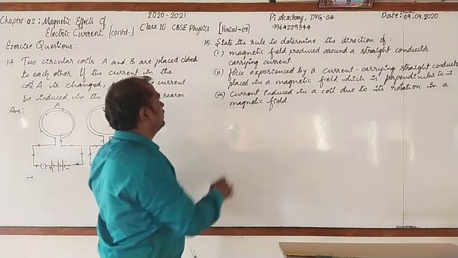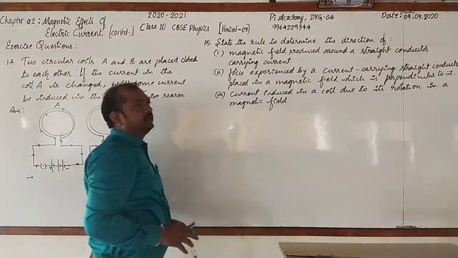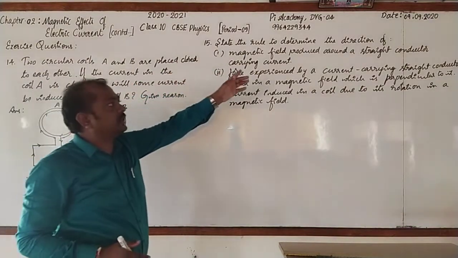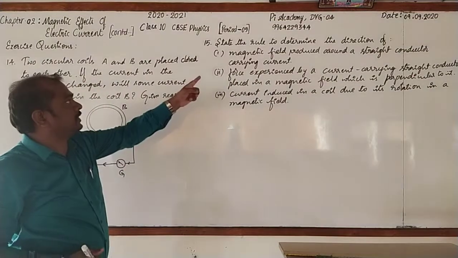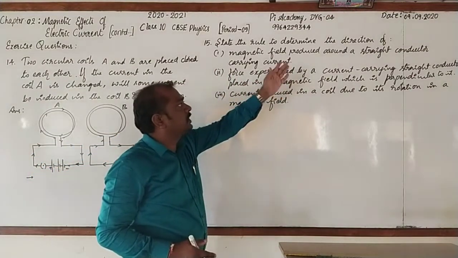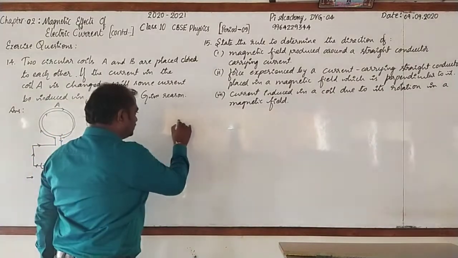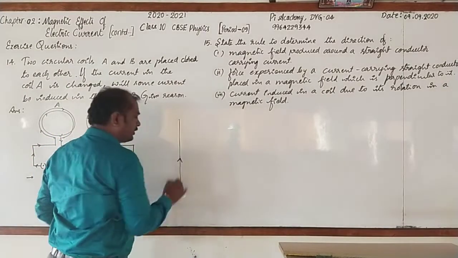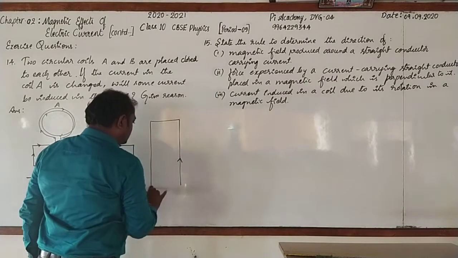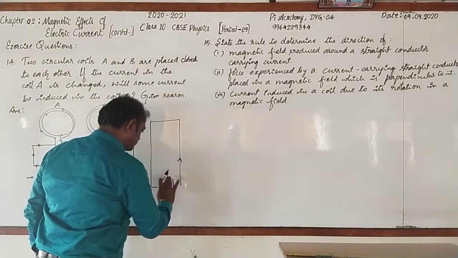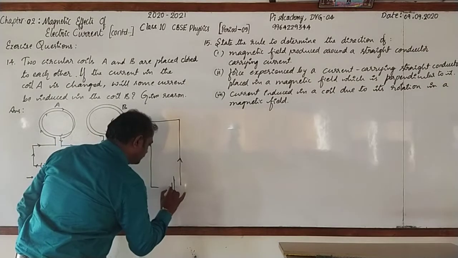Focus on the 15th one. The 15th one is: state the rule to determine the direction of magnetic field produced around a straight conductor carrying current. Look here, this is the straight conductor. Assume that the current is flowing in it.